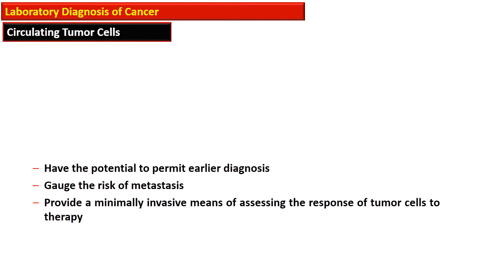This test has the potential for early diagnosis of a tumor and to gauge the risk of metastasis of the tumor if one is present or diagnosed, and it is a minimally invasive technique for assessment of the response of the tumor cells to therapy.